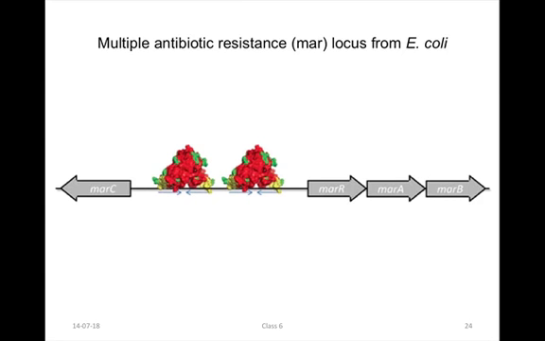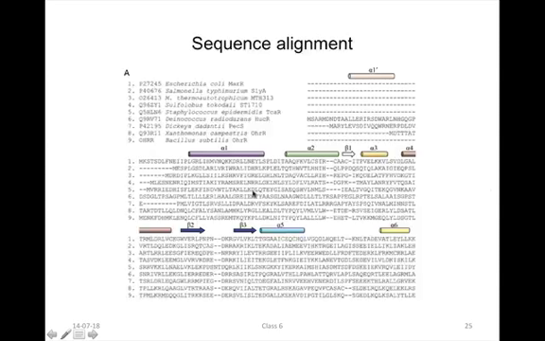It dimerizes and represses the activity of MarR. It finds the inverted repeats in front of MarR where it dimerizes. Here's the sequence alignment, and the sequence alignment shows that a number of different bacteria have this, even positives.